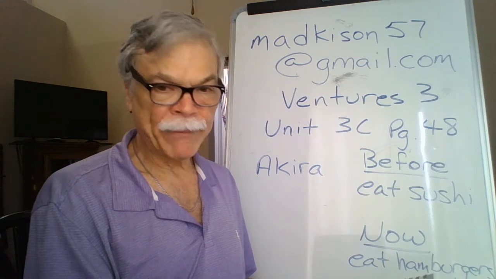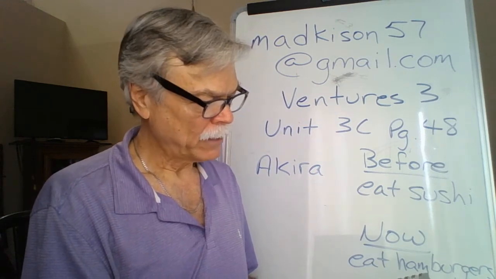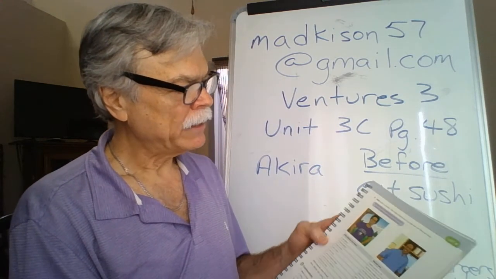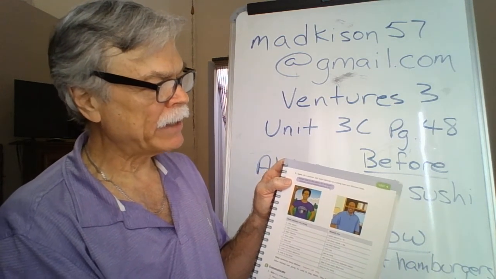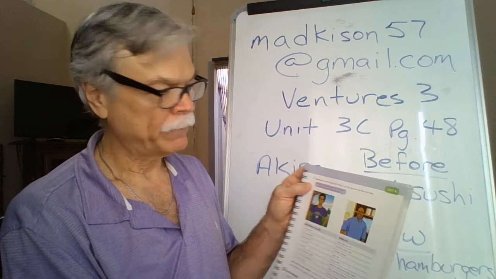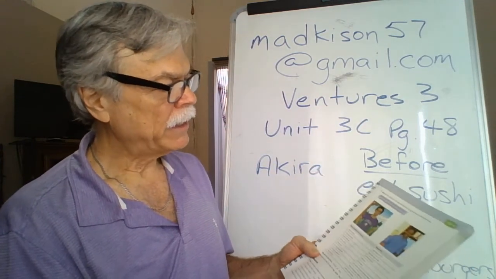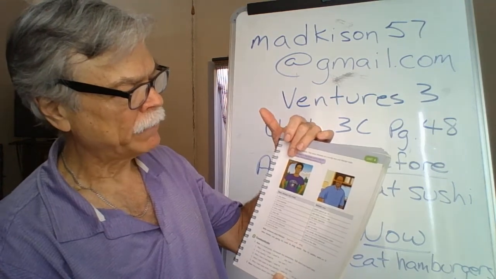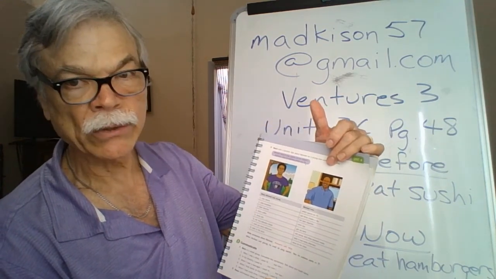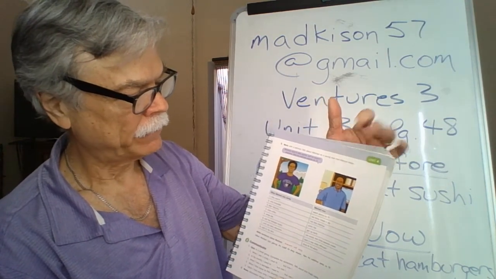Finally, let's look at page 49. On page 49, it says, work with a partner, talk about Michael as a young man and Michael today. Then it shows a picture of Michael on the left when he was young, and on the right it shows a picture of Michael now.